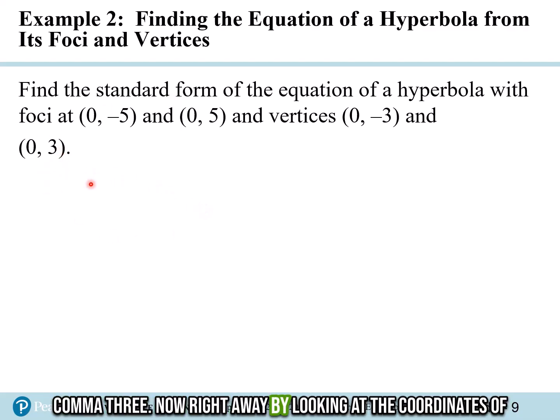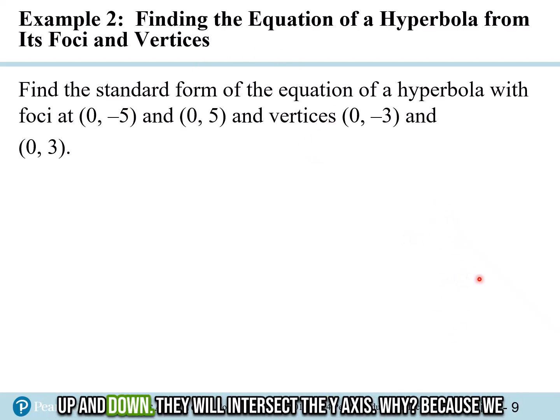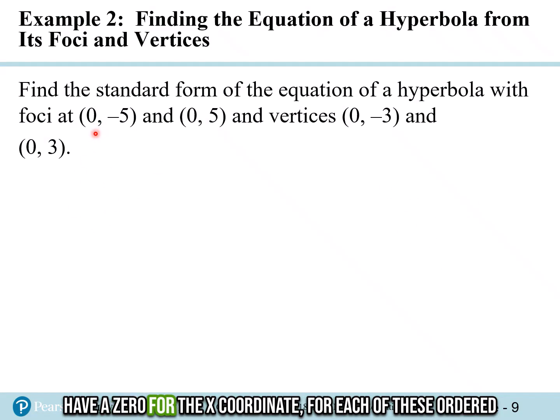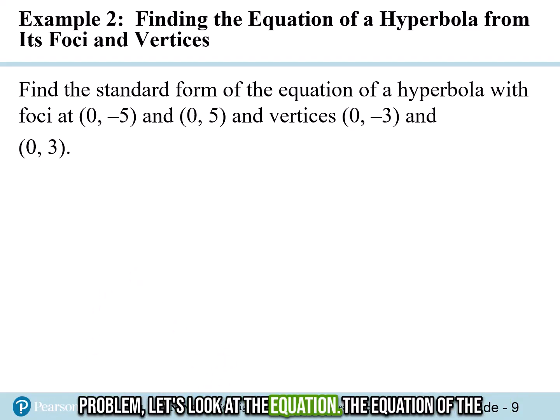Now right away, by looking at the coordinates of the foci and the vertices, we know that the hyperbola will open up and down. They will intersect the y-axis. Why? Because we have a 0 for the x-coordinate for each of these points. So in order to solve this problem, let's look at the equation.